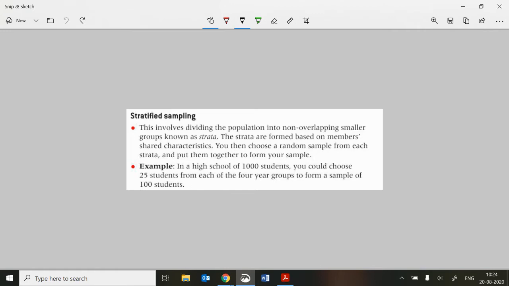So for example here, what they're saying is, well, look, there's 4 different year groups. We want a sample of 100. Let's take 25 from each year group. So it's just saying I want each of these individual groups which we have in this population to be equally represented. I want to know what's the experience in year 7, what's the experience in year 8, what's the experience in year 9.